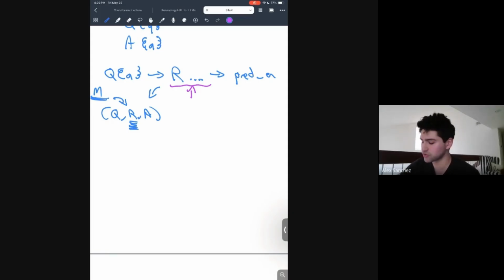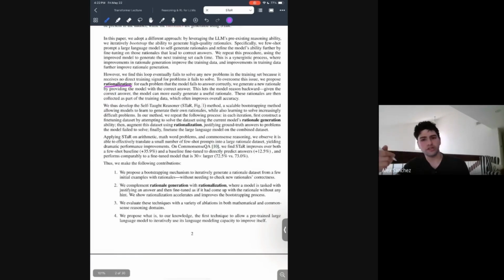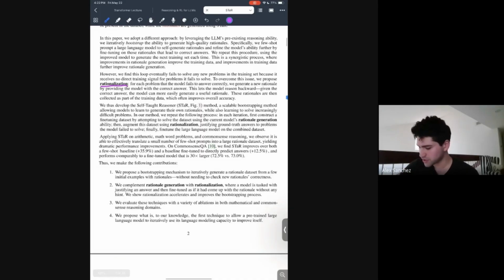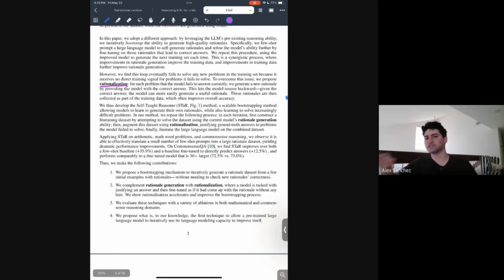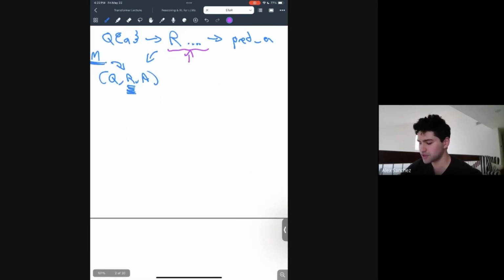So they introduce rationalization, because they found that without rationalization and just straightforward, you're going to slowly compress the data set, and it's going to lead to overfitting. It's going to lead to lack of generalization and things of that nature. So you want to keep expanding the data set somehow, right? And so their solution to this was, if the model produces the wrong answer, we do an additional step where we give it a hint.